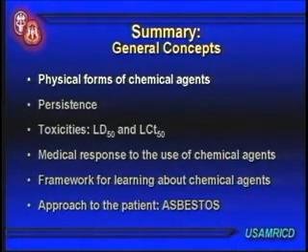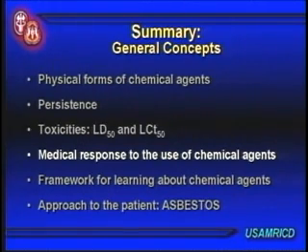We've learned what a vapor is. We've learned something about the states of chemical warfare agents. We've learned about persistence. We've learned how to compare the toxicities of chemical warfare agents encountered as liquids or as gases and vapors.